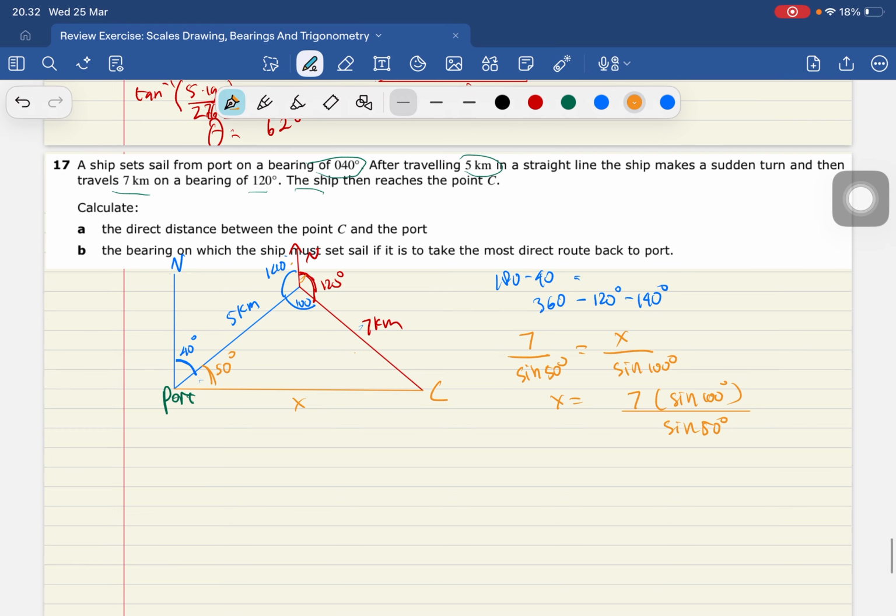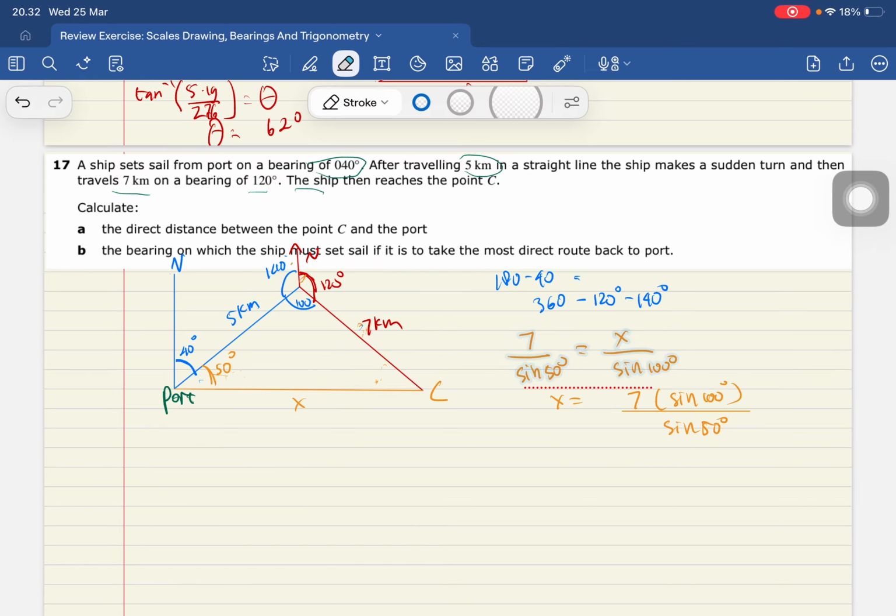Kilometer, this is 7, the opposite is 7, then now this angle here. As this is 7, this is 50. We don't know yet this angle, if this is 90 degrees or not.